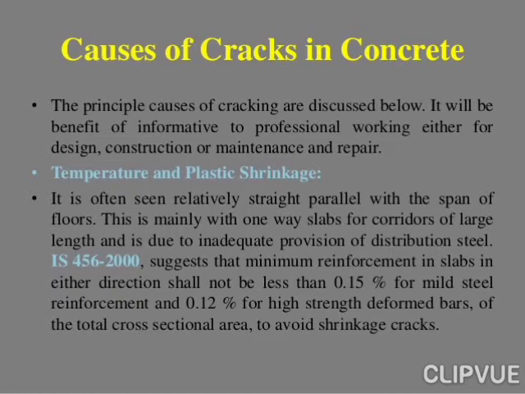This is mainly with one-way slabs for corridors of large length and is due to inadequate provision of distribution steel. IS 456-2000 suggests that minimum reinforcement in slabs in either direction shall not be less than 0.15% for mild steel reinforcement and 0.12% for high strength deformed bars of total cross-sectional area to avoid shrinkage cracks.